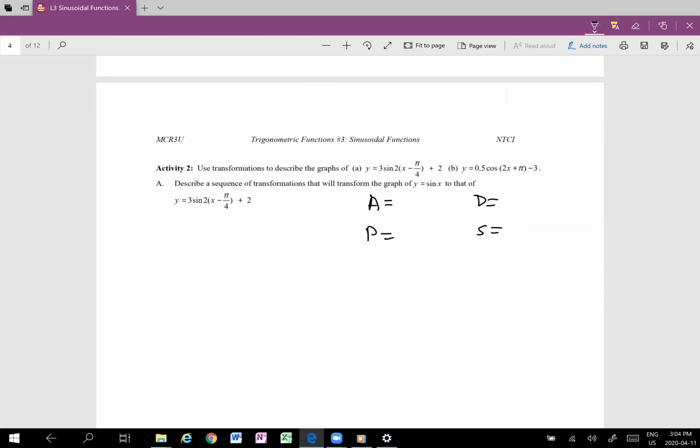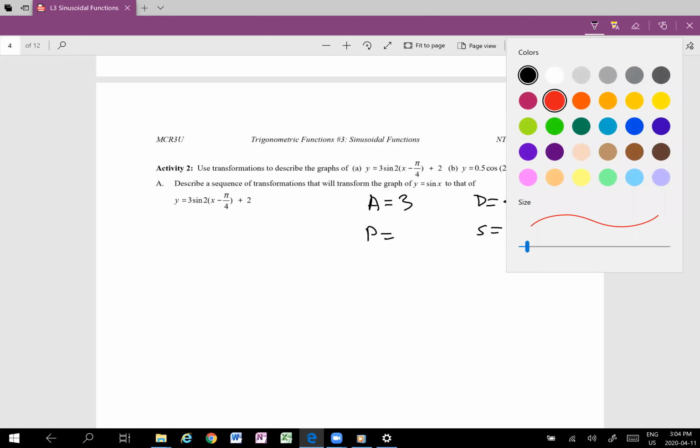Many of you students can do this. They can definitely get the amplitude. They can definitely get the equation of the axis, and the phase shift is shifting right pi over 4.